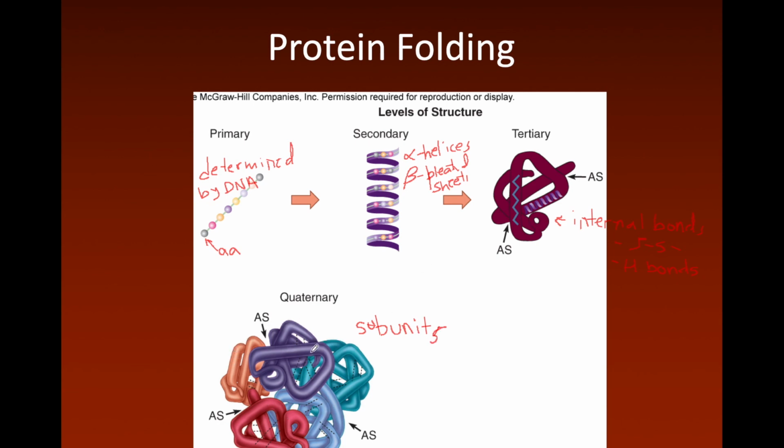So tertiary and quaternary formations, this is called post-translational modification. So after that initial transcription and translation, and these things form their secondary arrangements, then enzymes come in and help catalyze the folding of this protein.